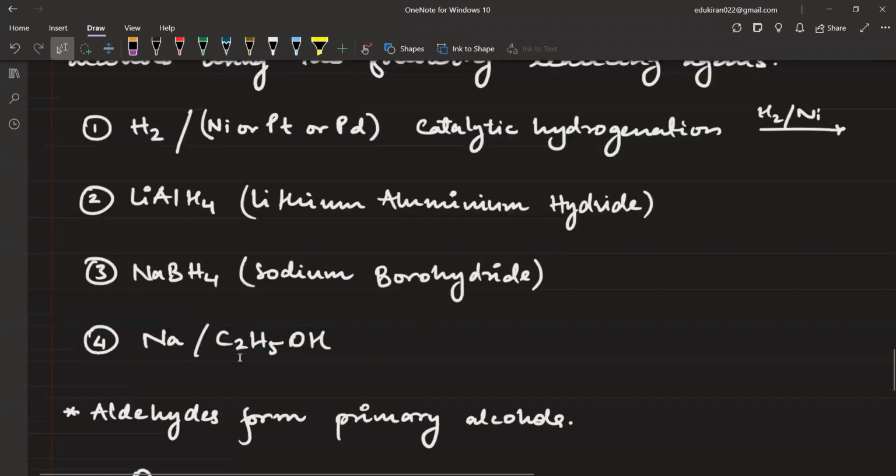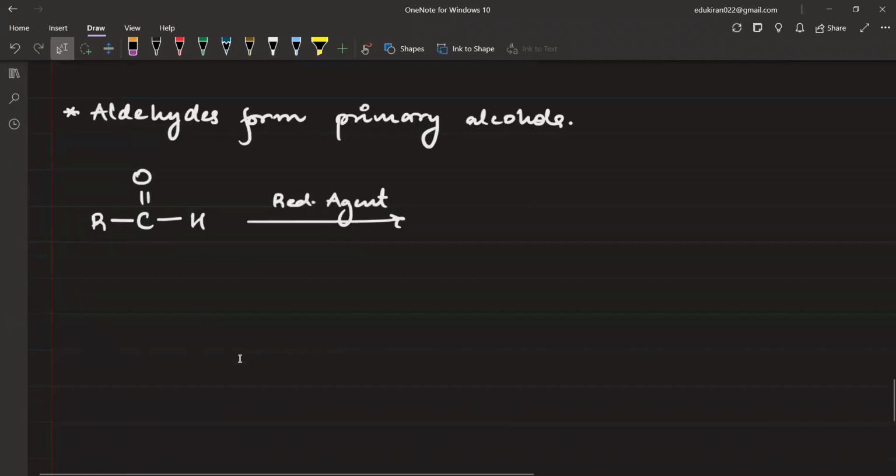Any one of these: H2 in the presence of nickel or Pd, LiAlH4, NaBH4, or sodium and ethanol. Then this oxygen is going to get one hydrogen, this pi bond will break, and this carbon is also going to get one hydrogen.